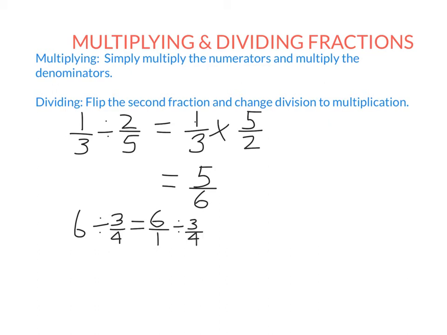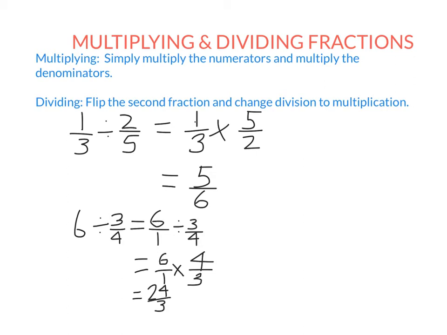Now we're going to do this the exact same way we did the previous question. So we're going to keep the first fraction as it is. We're going to flip the second fraction. Only the second fraction gets flipped. And we make it a times. Now it's easy to do. We just go 6 times 4 is 24 and 1 times 3 is 3.